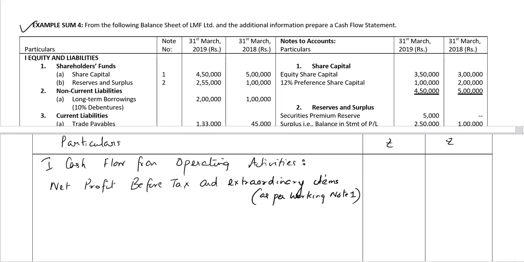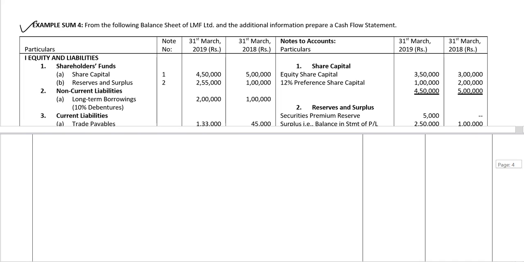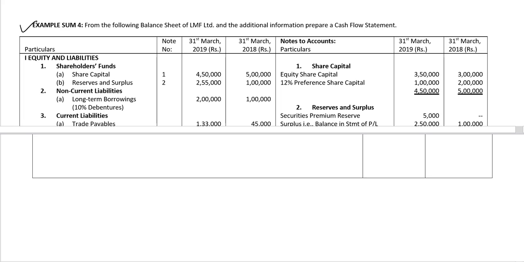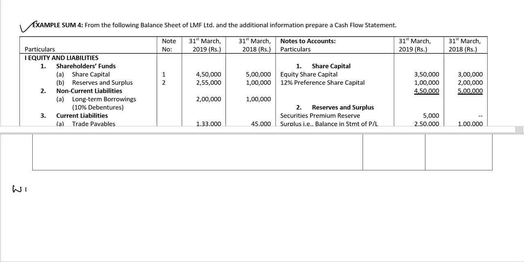Let's go to the bottom of the cash flow statement and prepare the first working note. Working note 1, calculation of net profit before tax and extraordinary items.